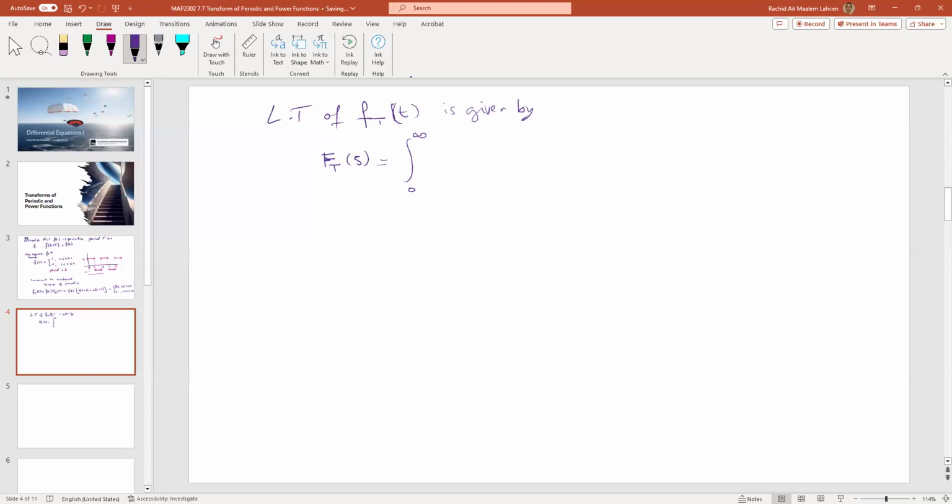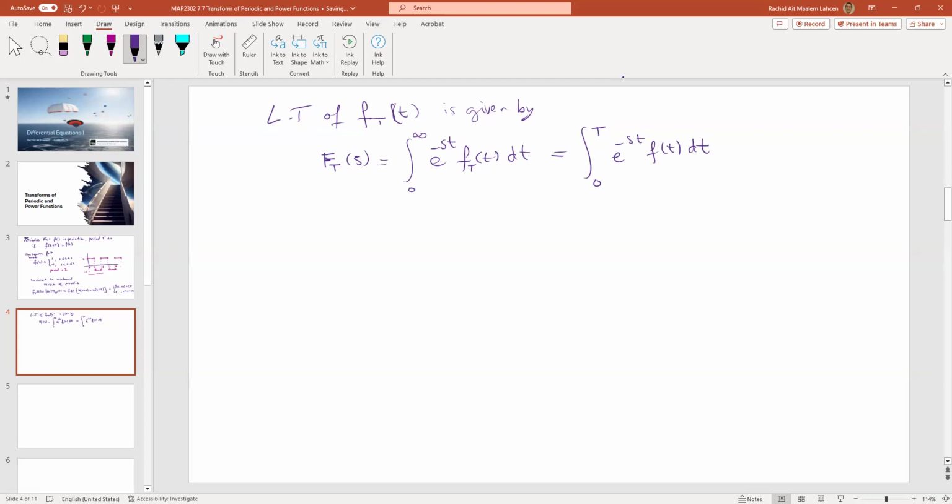Kind of right-sided there, 0 to infinity, e to the negative st, and now using that function here, f sub capital T of t dt, and it can also be written using the other notation with the integral from 0 to the period, e to the negative st f of t dt. So this is it.